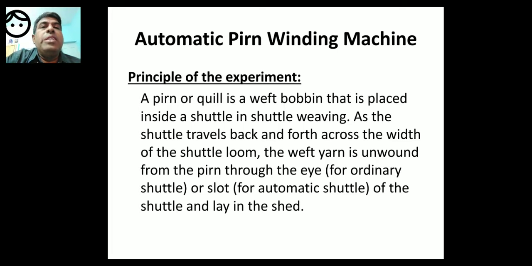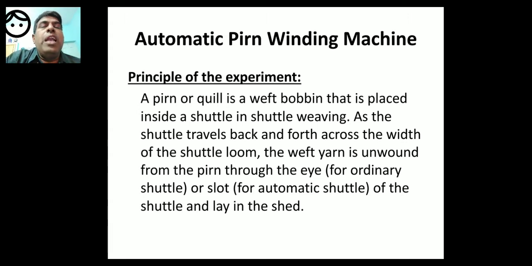If it is a shuttleless loom, then there is rapier or air jet or projectile or water jet or multiphase loom, circular looms. Those will take care of the pick insertion. There the pirn is not needed.